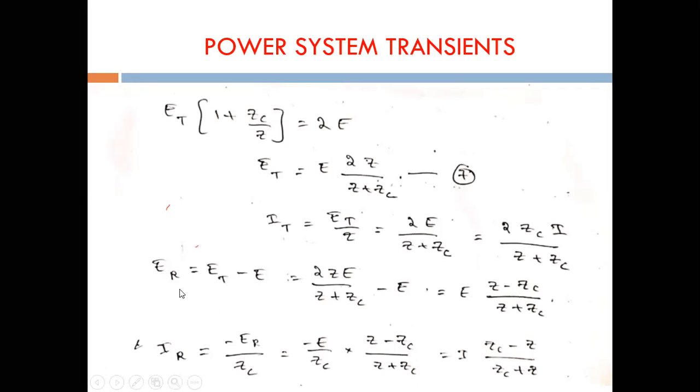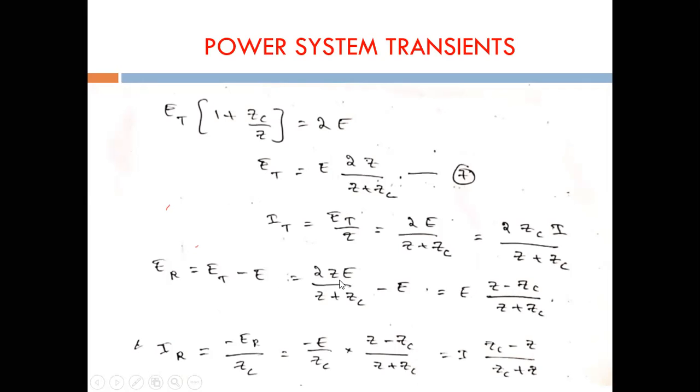Therefore, ER is equal to ET minus E, that is equal to 2ZE by Z plus ZC minus E. Substitute the ET value, equation number 7, in this equation.